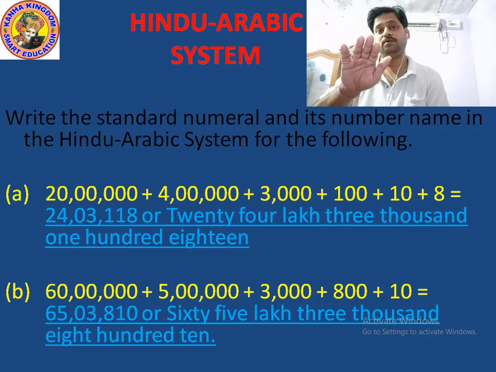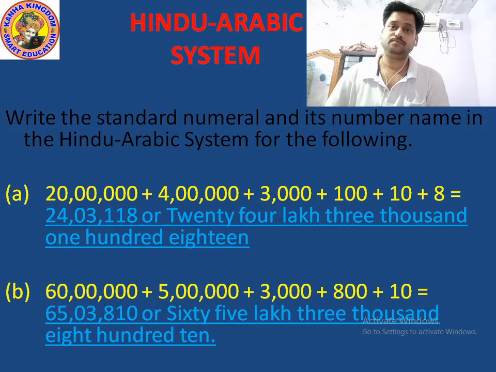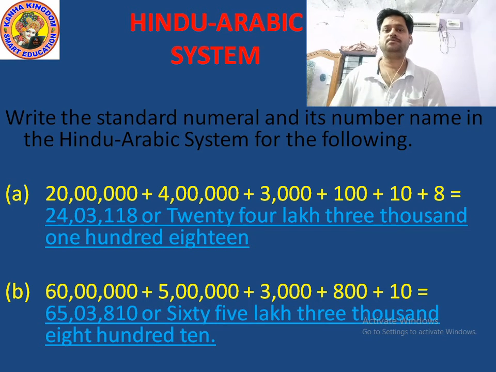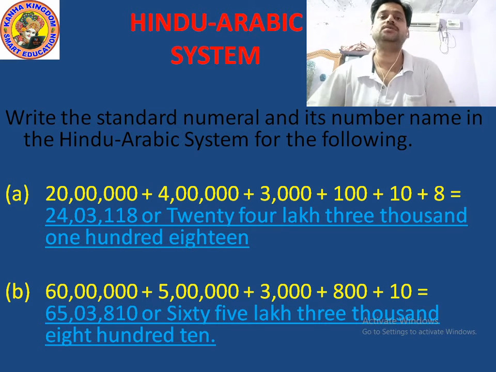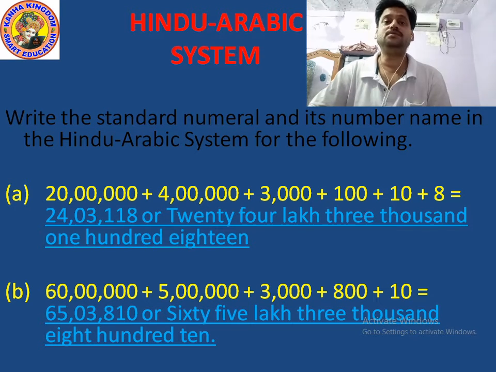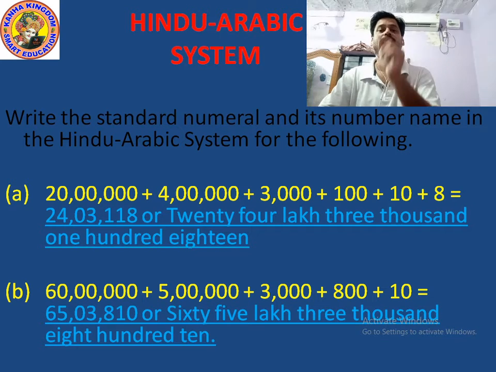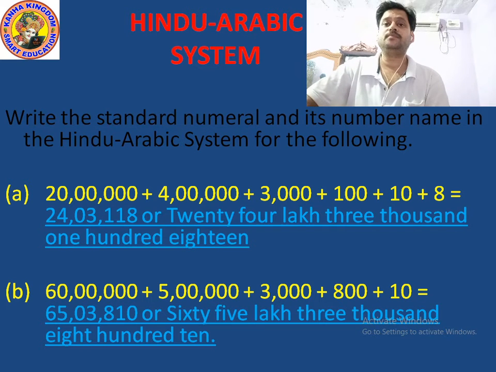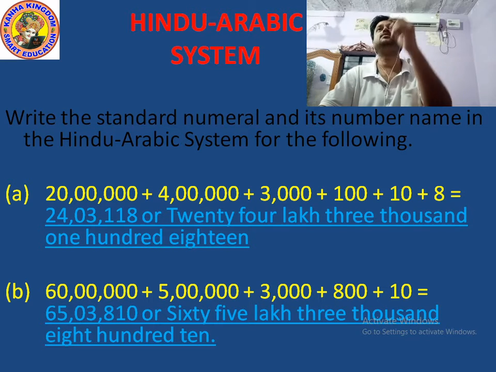So before 3,000, which number is 100 plus 10 plus 8? So 100 plus 10 plus 8 equals 118. Means the correct answer of A part is 24,03,118. And how can we write it in number name? We just write 24, means 24. 24 is in which period?